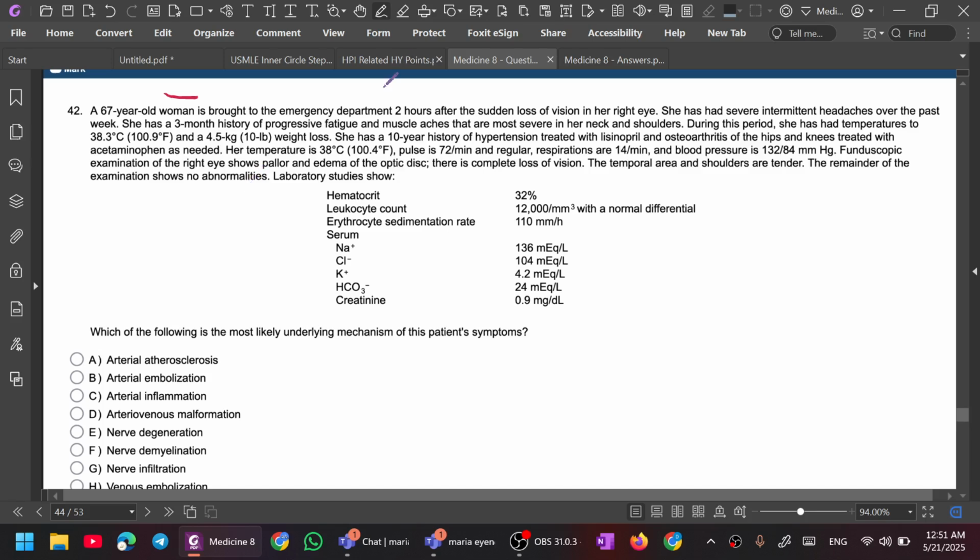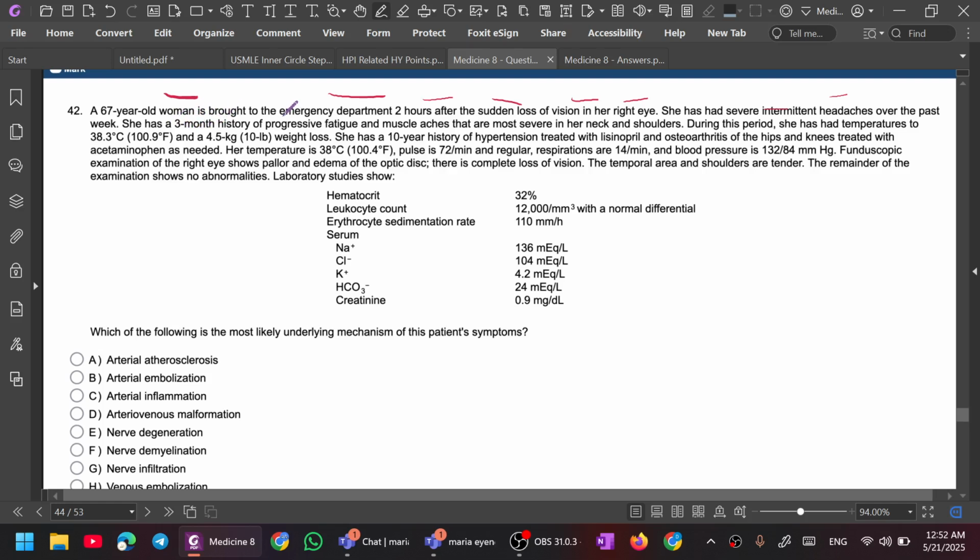A 67-year-old woman is brought to the emergency department 2 hours after sudden loss of vision in her right eye. She has had several intermittent headaches over the past week.